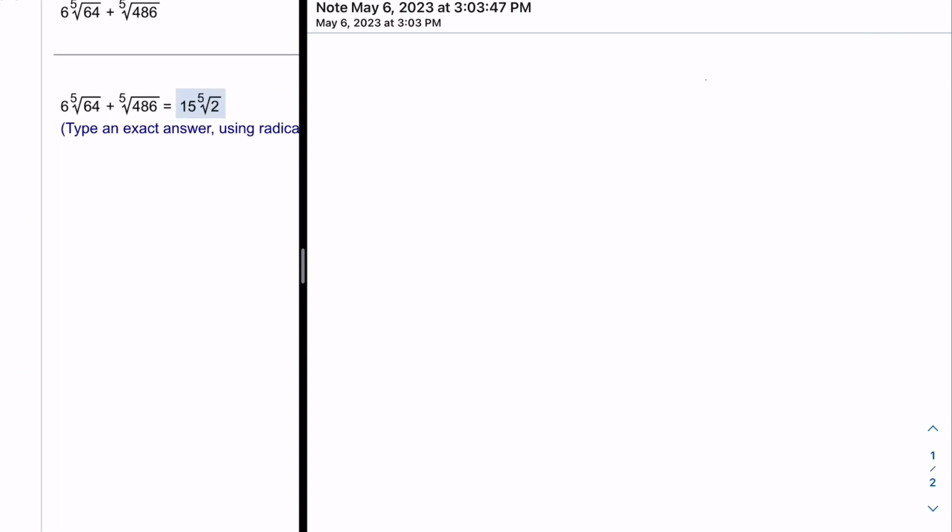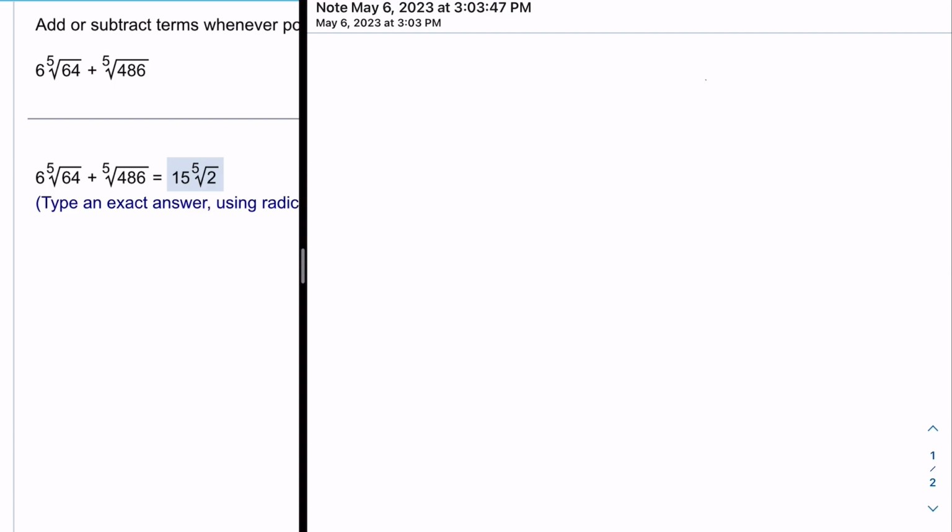So what's the question? Add or subtract the terms. So to add or subtract, first we need to make those two terms like terms, and only then we can decide whether it can be added or subtracted. So our first goal is to try to make them like terms. 6 fifth root of 64 plus 5 fifth root of 486. So here is the fifth root, right?